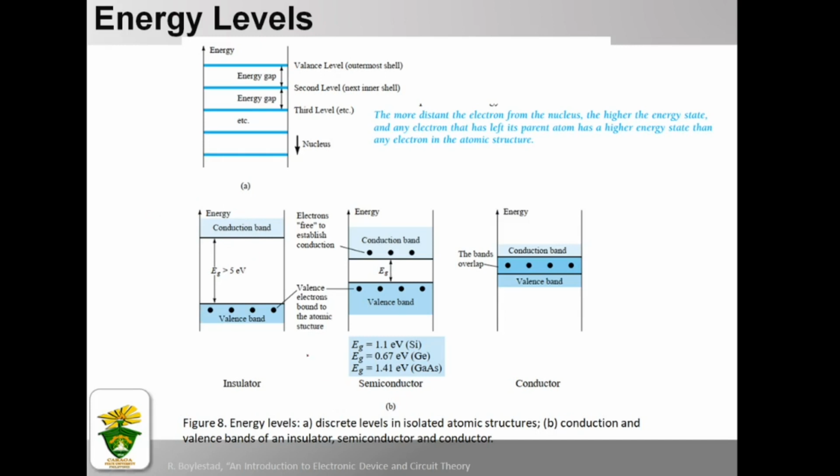For the insulator, it needs an energy gap greater than 5 electron volts for the valence electron to move to the conduction band. While for the semiconductor, we have different values of energy gap. For example, silicon has 1.1 electron volt, germanium has 0.67 electron volt, and gallium arsenide has 1.41 electron volt.